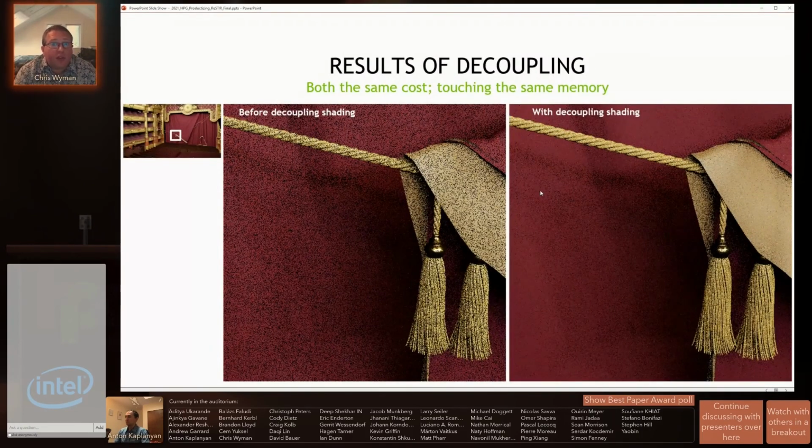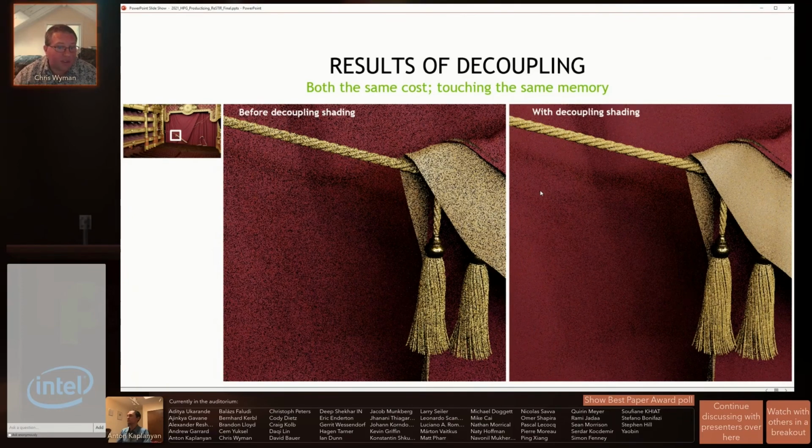Now, if you look at the results of decoupled shading, on the right is decoupled shading. On the left is before decoupled. Both of these touch the exact same memory and shoot the same number of shadow rays, so they both cost 4.6 milliseconds, where about 3 of that is ray tracing. But you get significantly improved quality. In particular, the black salt and pepper noise largely goes away because now you have 3 chances to shade every given pixel rather than just 1.